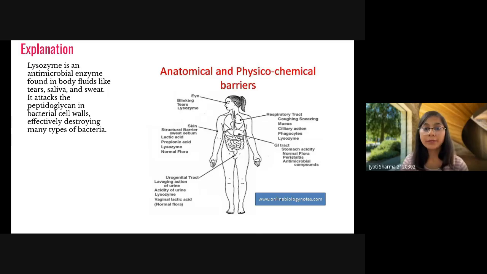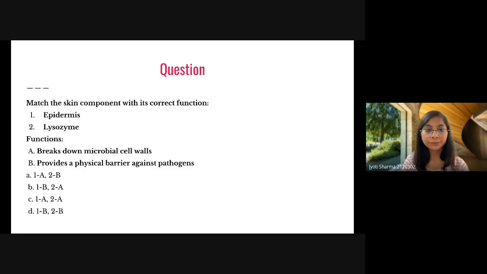Okay, coming to the next question. We already talked about epidermis and lysozyme, and this question is very similar to the last two questions. You just need to match the skin component with its correct function. So we have epidermis, we have lysosome, and you have to tell the function.